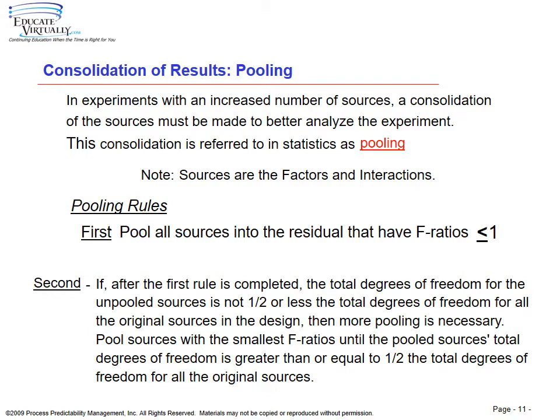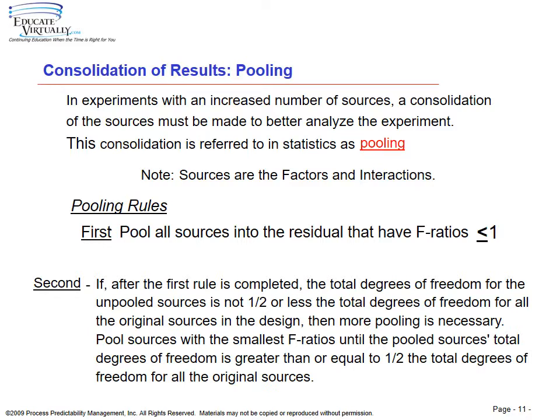Well, what do we mean by all of this about degrees of freedom? We started with 3 factors and 3 interactions, so that's 6. We only had 2 level settings, so we have 6 total degrees of freedom associated with those sources. So from a pooling rule standpoint, we should be combining 2 or 3 of those sources into the unexplained.